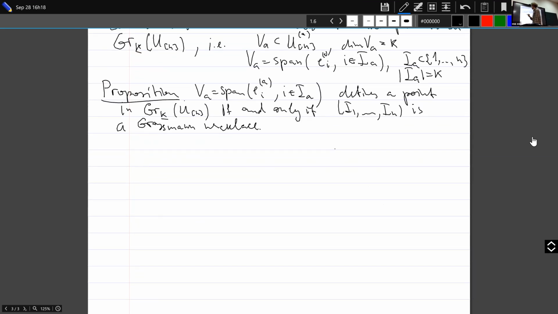So in terms of the sets I, the condition is that if we have I in IA and I is not A, then we conclude that I is in IA plus 1.